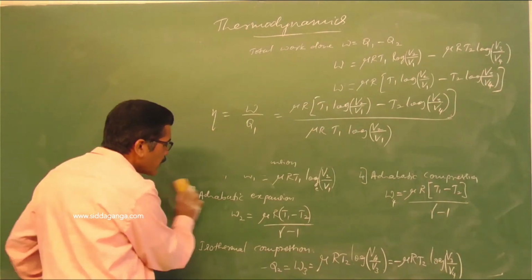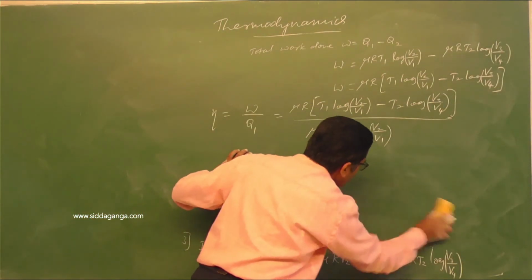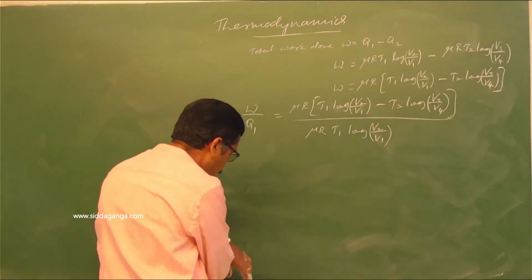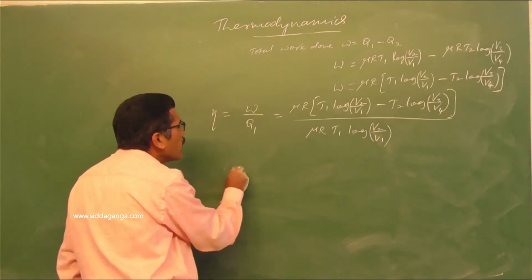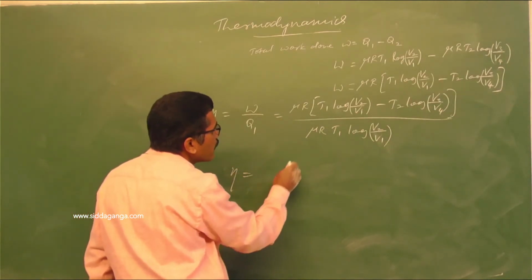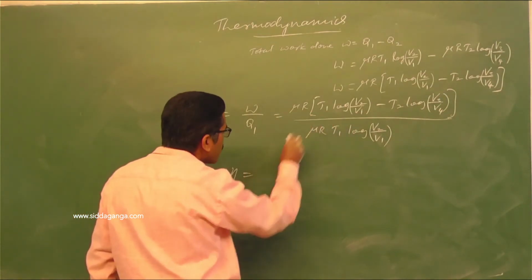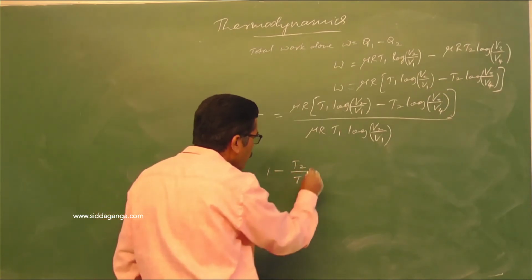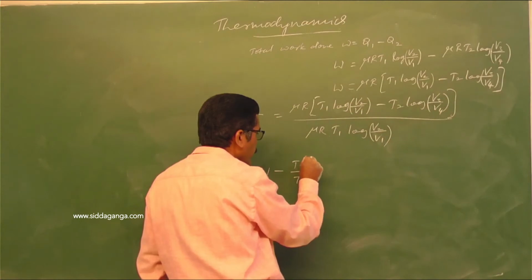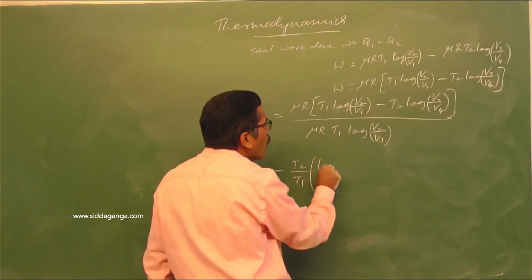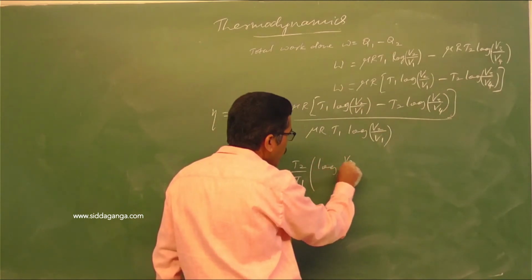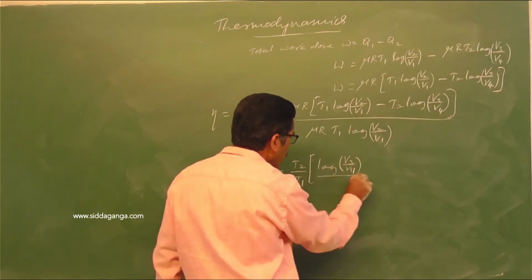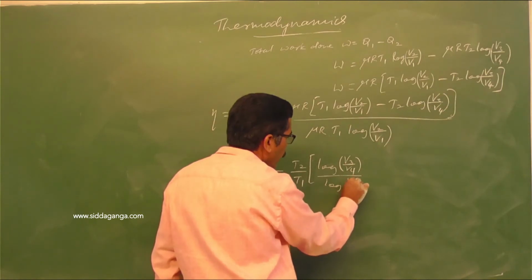On simplification, mu R gets cancelled, T1 gets cancelled, therefore eta is equal to 1 minus T2 by T1 into log of V3 by V4 divided by log of V2 by V1.